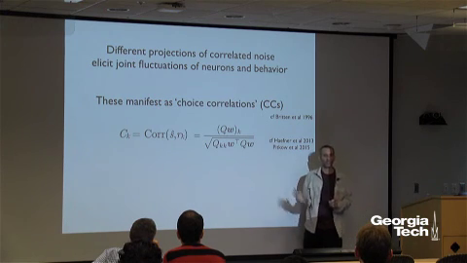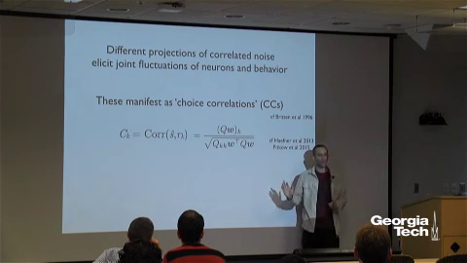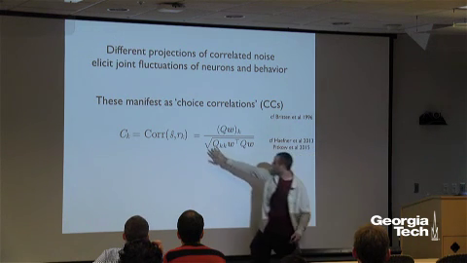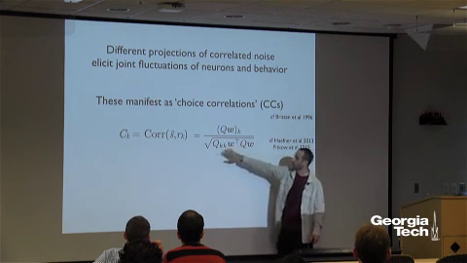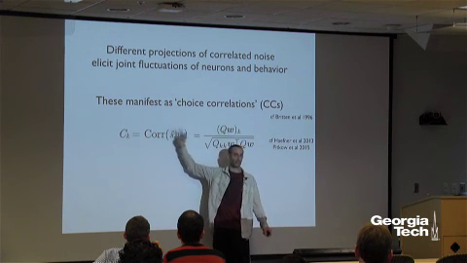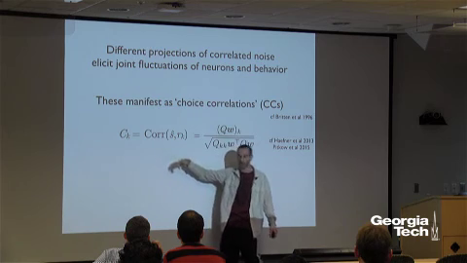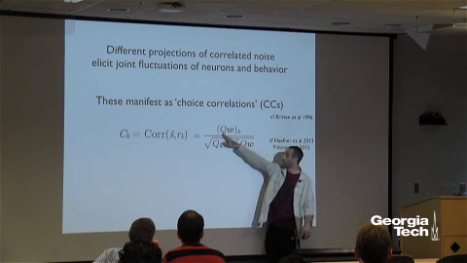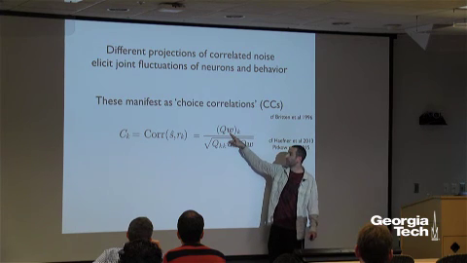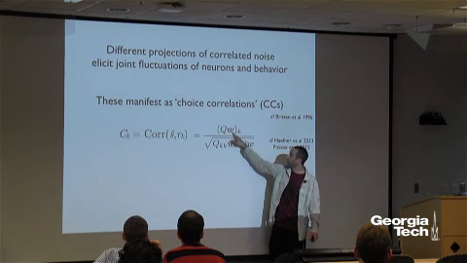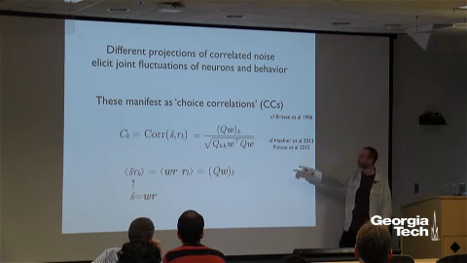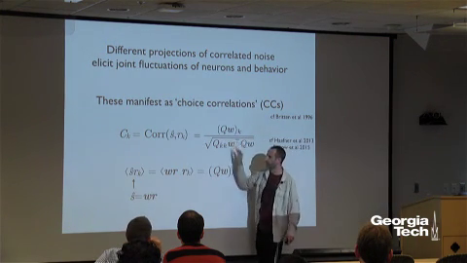So just looking at choice correlations alone will not tell you whether the neuron is decoded. And you can see that in this equation where I'm just using the expression for a correlation coefficient, which is covariance divided by the standard deviations. So here's your covariance. This is the covariance of the noise, and this is the projection of that through the decoder weights. And then this is just standard deviations.